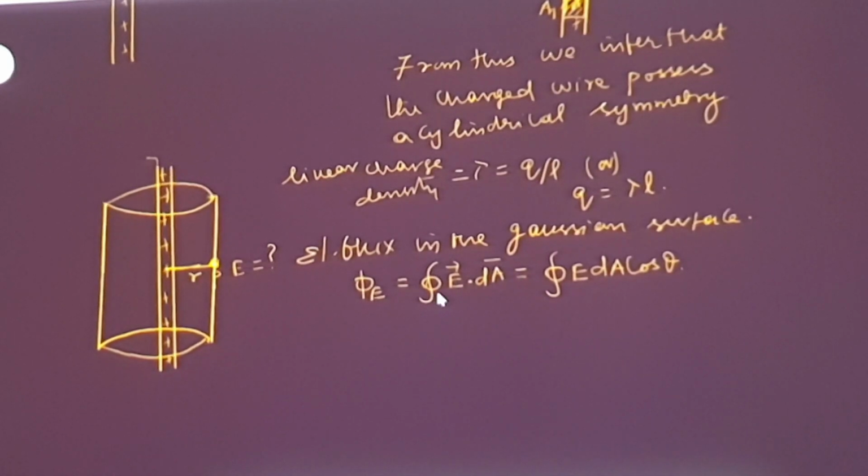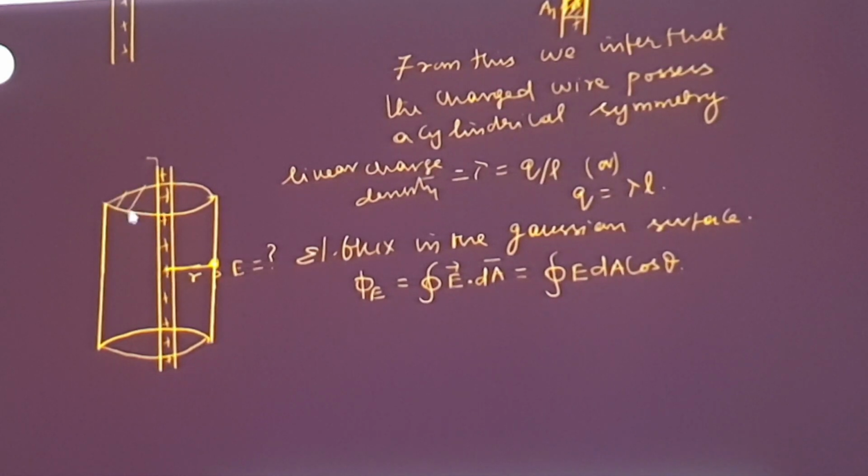If you are considering the closed integral of E vector dot dA vector, this Gaussian surface can be divided into three areas. One is the curved surface, another is the top closed surface, and another is the bottom closed surface.